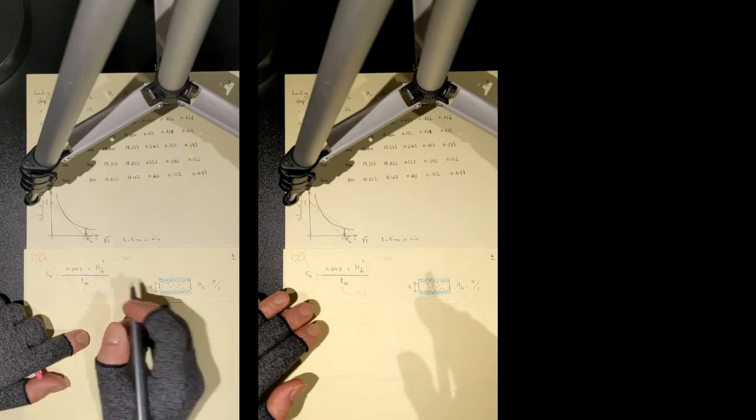H dr is the drainage length. This is your test specimen, or let's say the cross-sectional diagram of your test specimen. It has a height at any stage of consolidation, and it is confined between two porous discs. H sub dr is the maximum distance that a droplet of water should travel in order to get out of the soil system, because consolidation is all about migration of water out of the soil system.